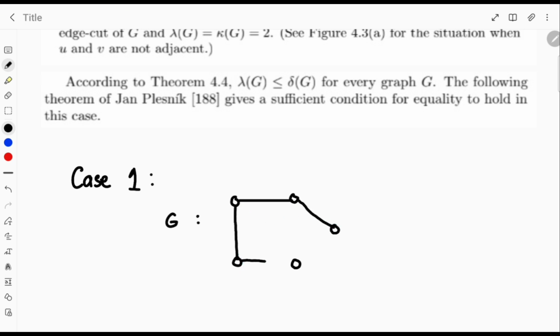We already know that a cubic graph is a graph in which every vertex has degree 3.